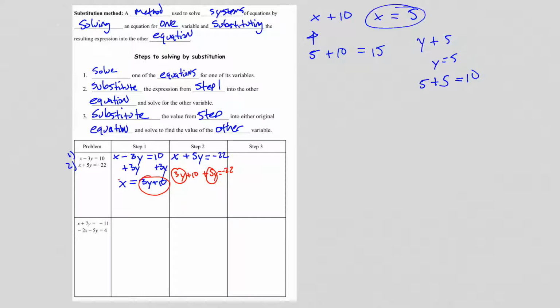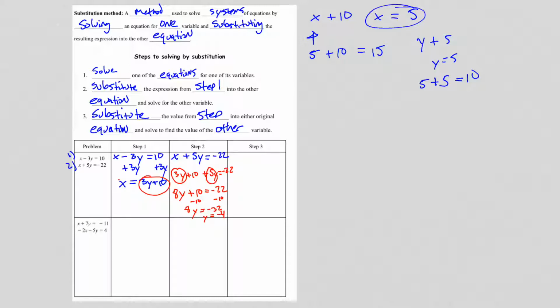These are like terms, 5y and 3y, so you get 8y plus 10 equals negative 22. Subtract 10 from both sides. 8y equals negative 32, which makes y equal to negative 4.